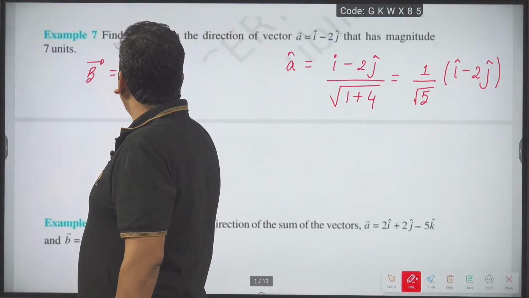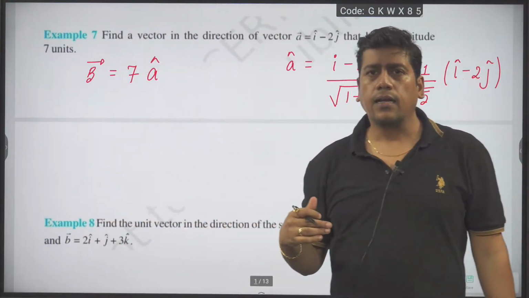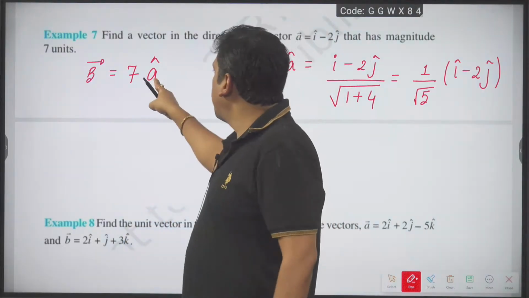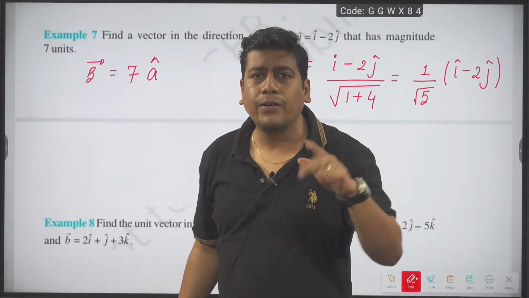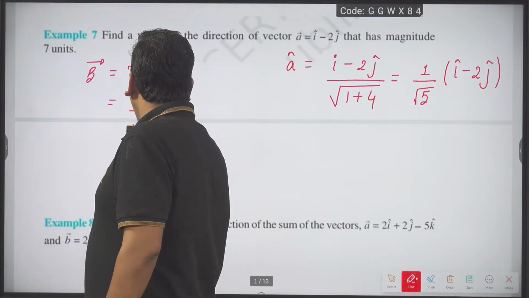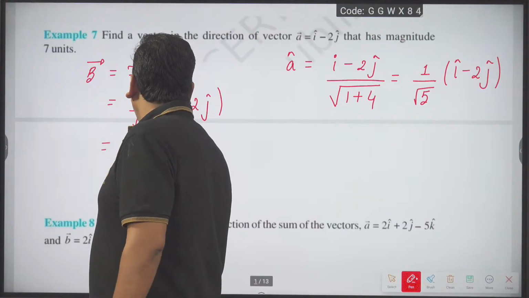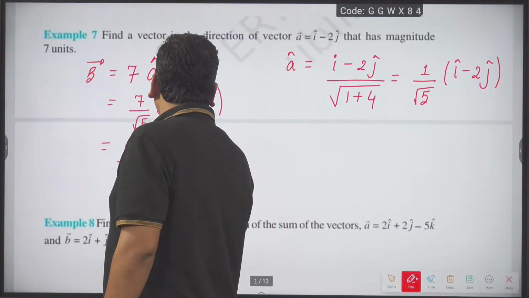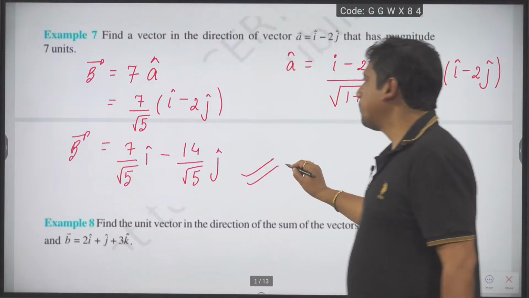A cap has magnitude 1, I want magnitude 7, so I will multiply with 7. The answer is 7 by root 5 into I cap minus 2j cap. You can write it as 7 by root 5 I cap minus 14 by root 5 j cap. This is our correct answer.